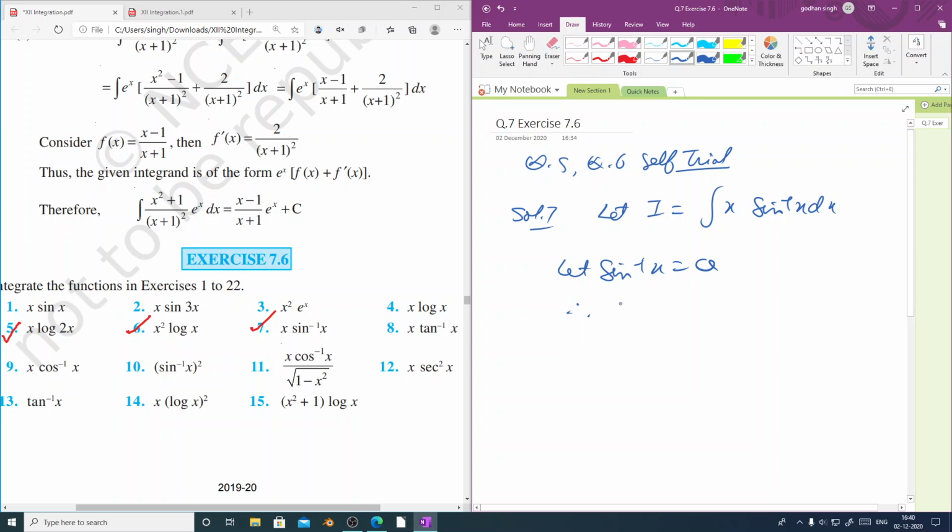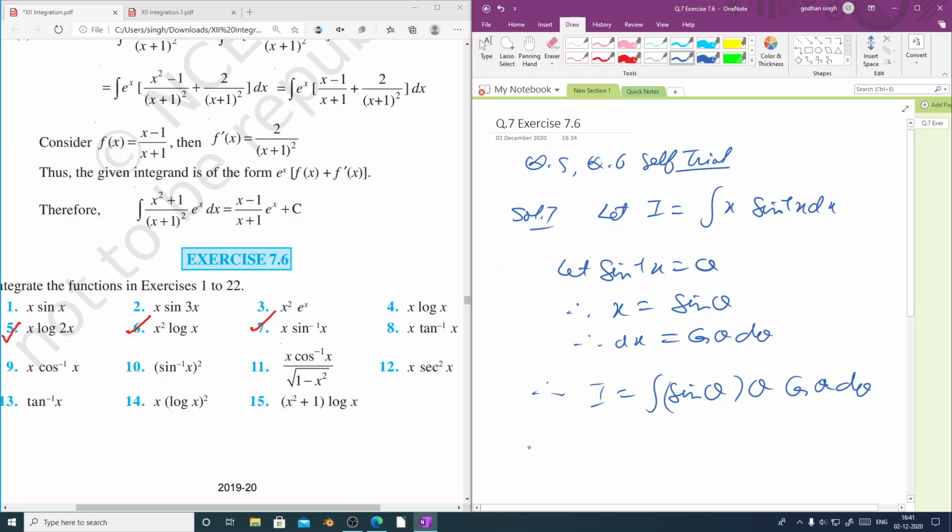So from here we can have x equal to sine theta, and therefore dx will be equal to cos theta d theta, and therefore we will be having I as, in place of x we'll put the value of x, that is sine theta, and in place of sine inverse x we'll put theta, and dx is cos theta d theta.